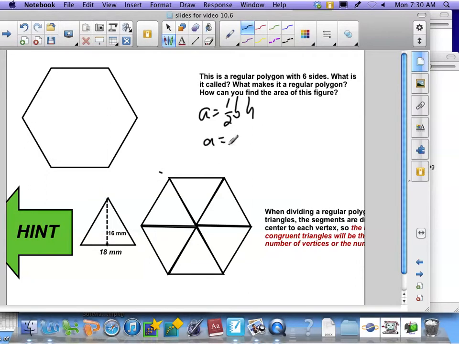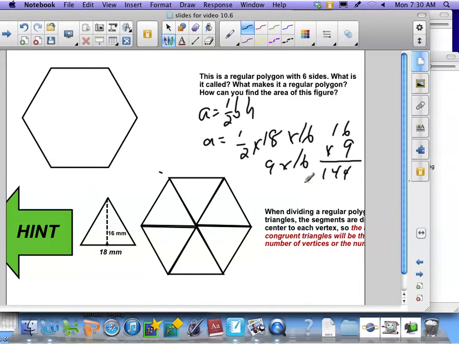We can substitute into it. Okay, 1/2 times 18 times 16, so we have 9 times 16. Some math here. Okay, we're going to get 144, so the area of the triangle is 144 millimeters square.